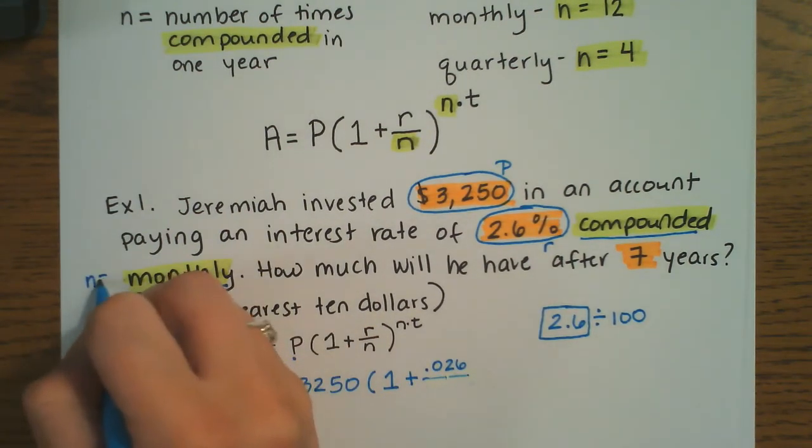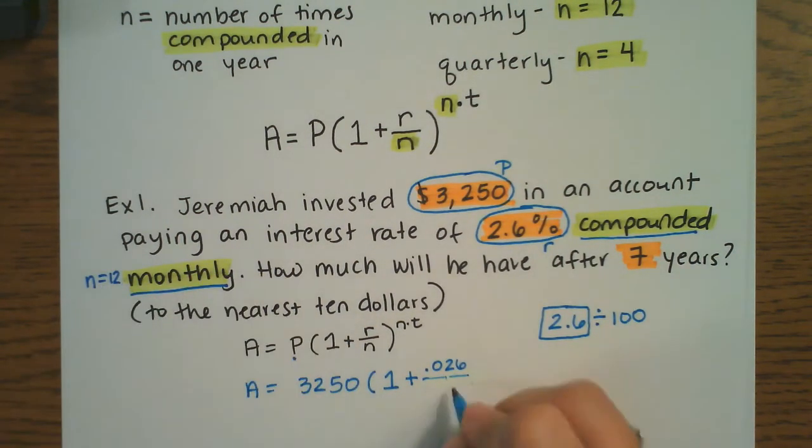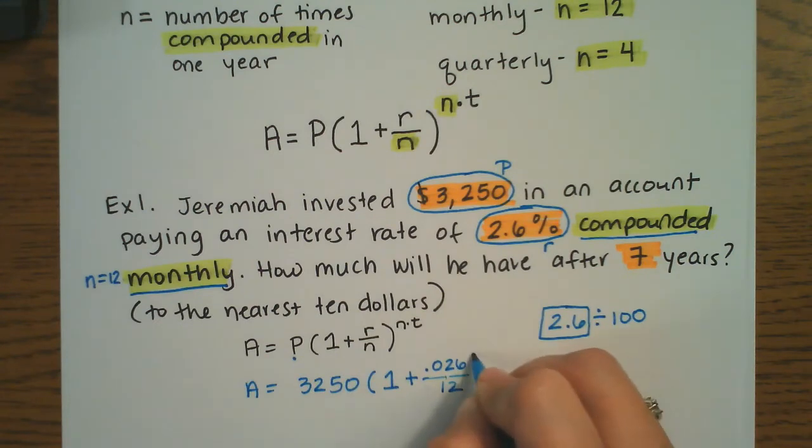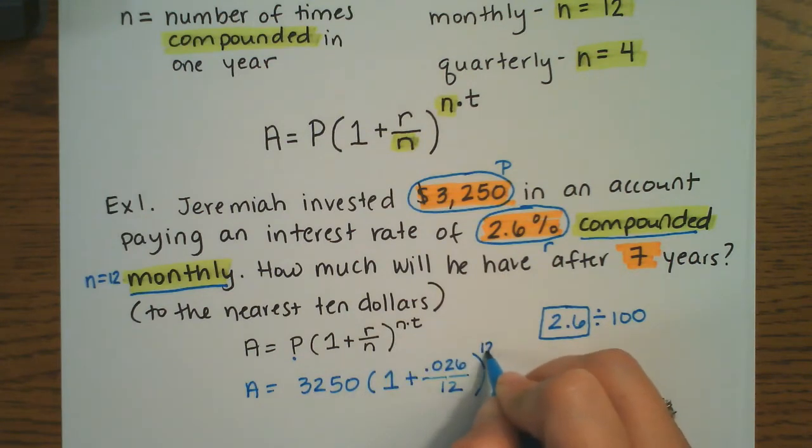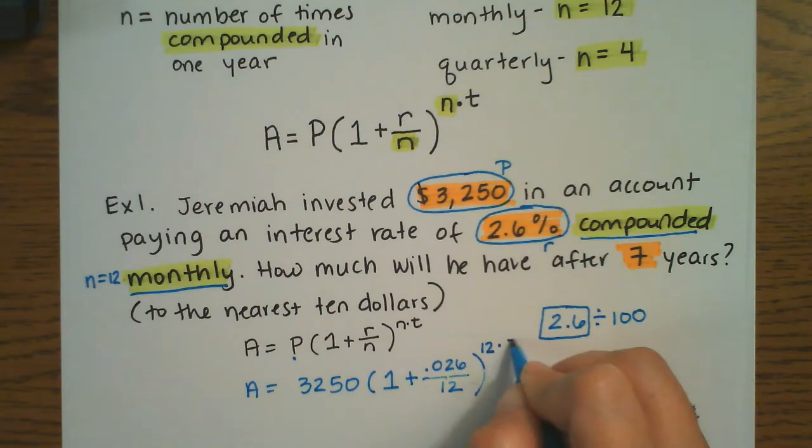So N will be 12. Good job. So we're also going to use that N up here in the exponent. 12 times 7. Exactly.